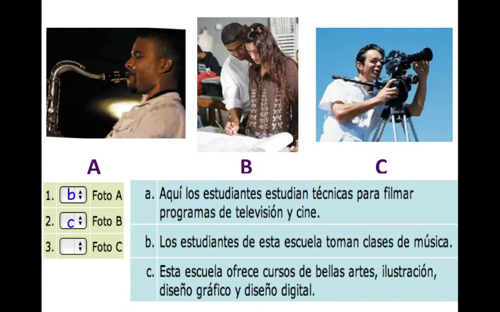Now es frase C. Foto B, esta escuela ofrece cursos de bellas artes, ilustración, diseño gráfico y diseño digital. So it looks like they are drawing there, diseño. Y finalmente, 3, foto C. Of course, what's left? Aquí los estudiantes estudian técnicas para filmar programas de televisión y de cine.